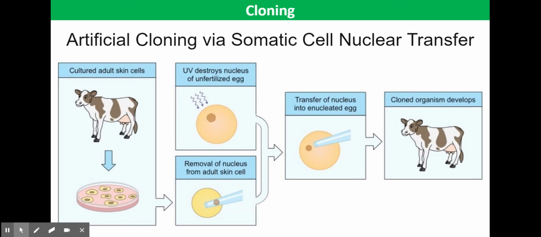The complete adult somatic cell, or the nucleus that has just been removed, is fused with the empty egg cell, so the enucleated cell, by applying an electric shock. The shock also triggers the egg cell to start dividing as though it has just been fertilized. The egg cell will then undergo mitosis to produce a small ball of cells, and the young embryo will then be placed into the uterus of a surrogate mother.